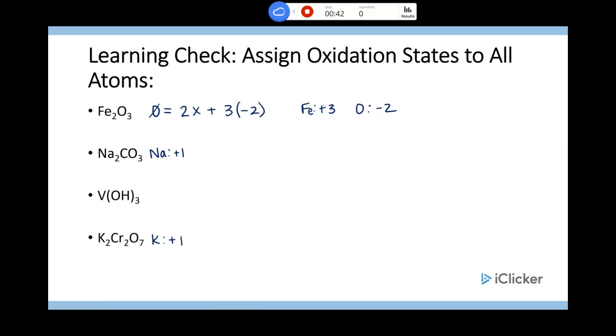We'll be solving for carbon. Yeah, so it'll be 0 equals.